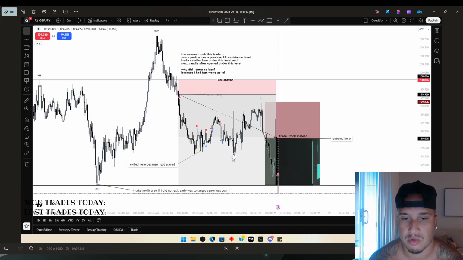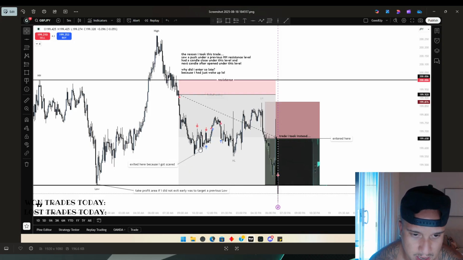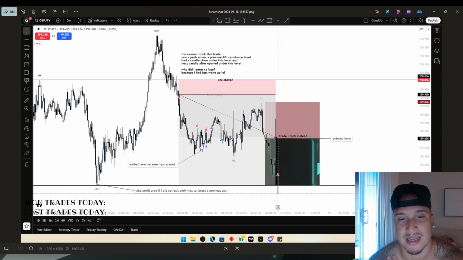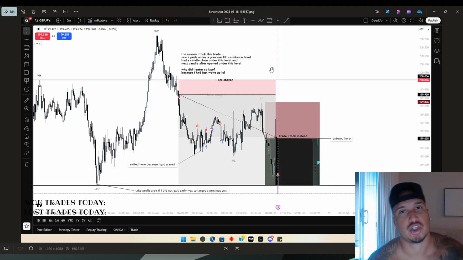You probably would have gotten retouched and then maybe take profit depending on what your ratios were. That's why I got out. Also we had a big bullish engulfing candle right here, so I was like, oh, this could definitely turn around and start shooting all the way up.